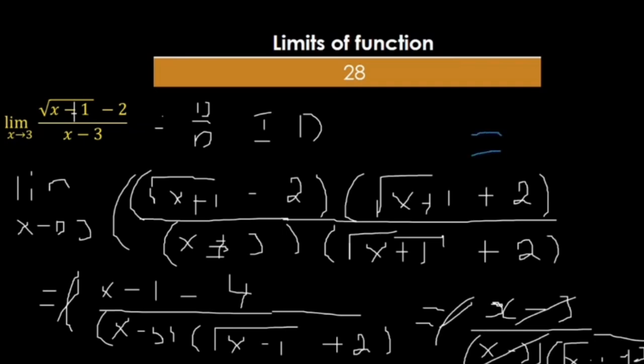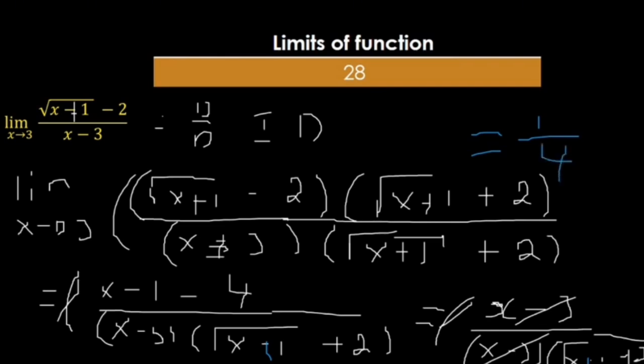I'm going to have 1 all over square root of 3 plus 1. That is 4. Square root of that is 2, plus 2, there is 1/4. The answer here is 1/4.